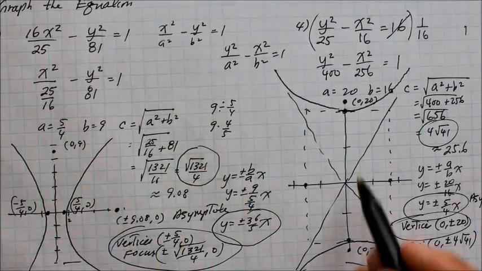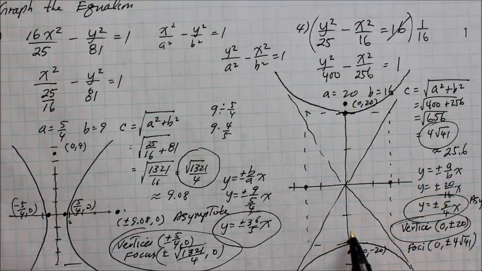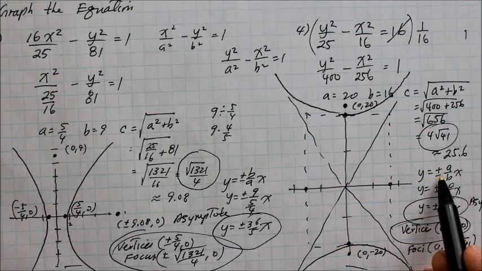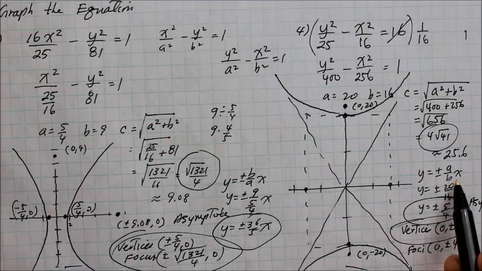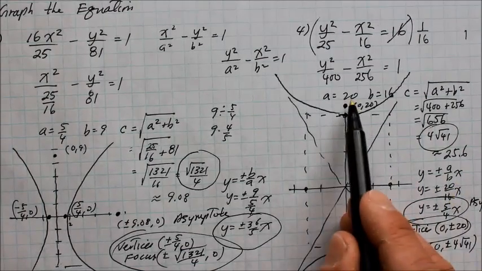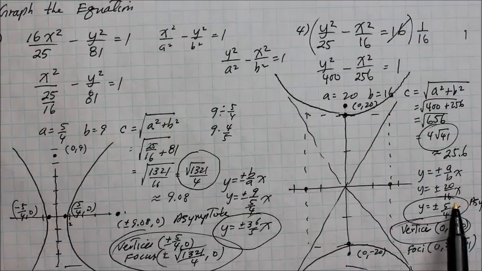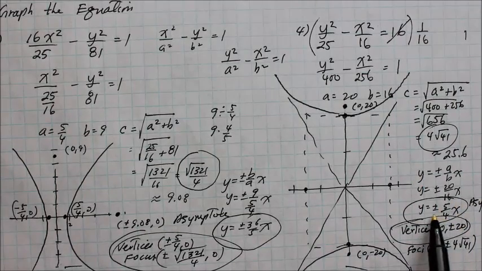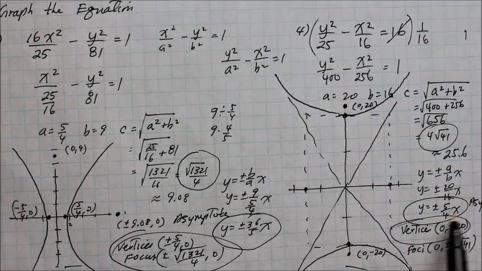Now that we have a vertical transverse axis, this time we have to use y is equal to plus or minus a over b x. And when we plug in the 20 over 16 as given, we end up with a reduced form of y is equal to plus or minus 5 over 4x.